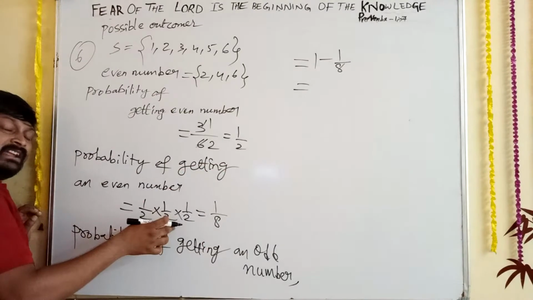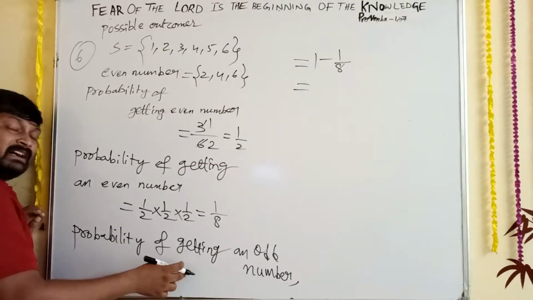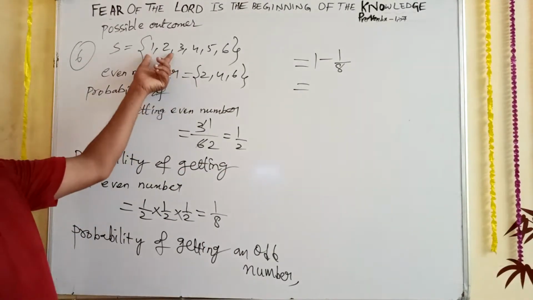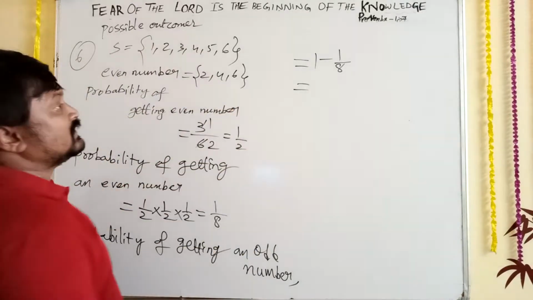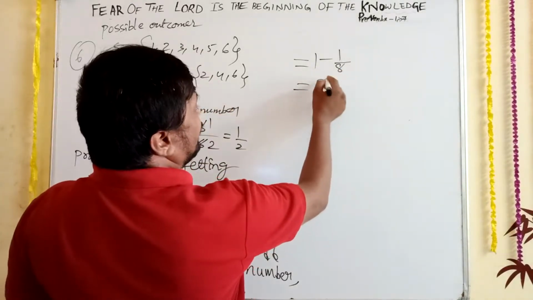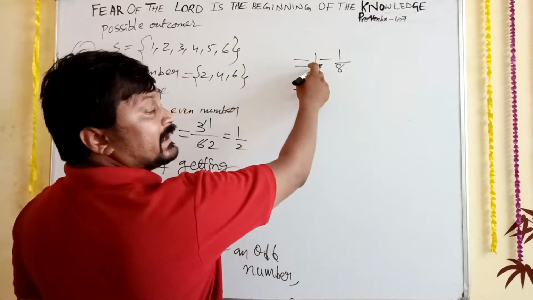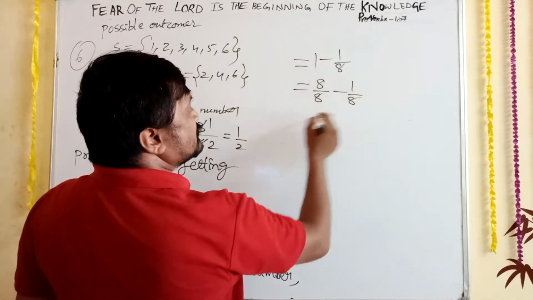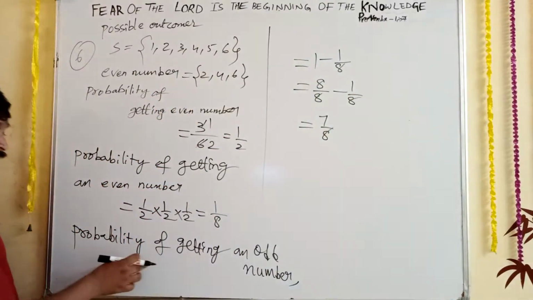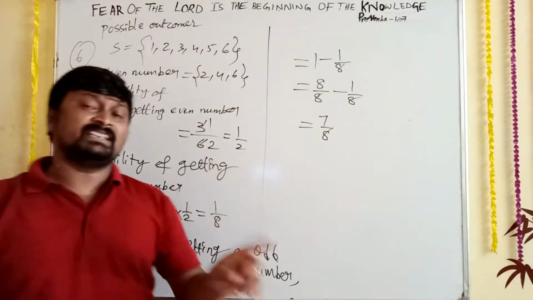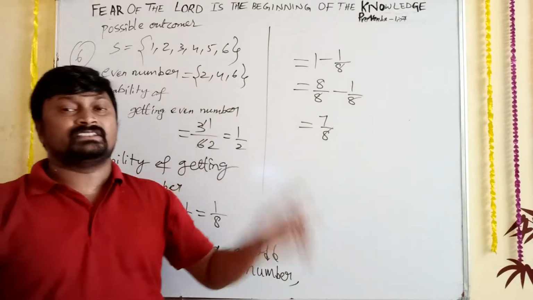This is like P of E and this is like P of not E, because here odd numbers are 3, even numbers are 3. So 8 upon 8 minus 1 upon 8 is 7 upon 8. So probability of getting an odd number at least once is 7 upon 8.